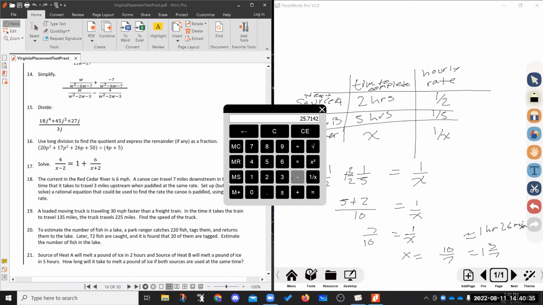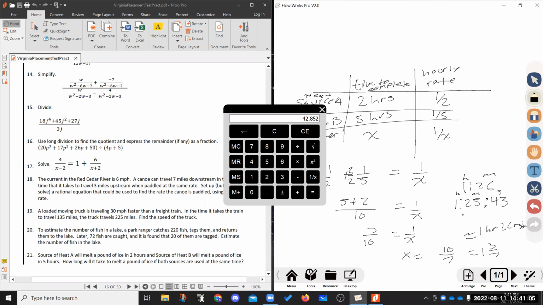If we want to go all the way down to seconds, we can do that. So this would have been 1:25:43 then, if we go down to seconds, right? So there's hours and minutes, there's hours, minutes, and seconds, right?